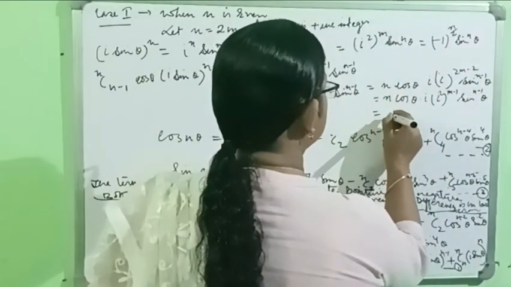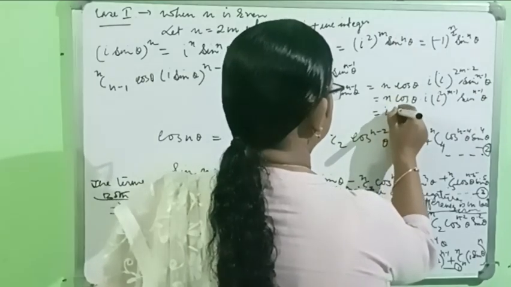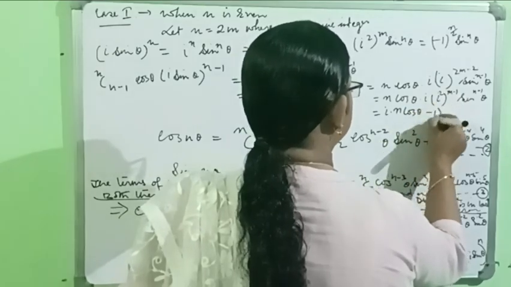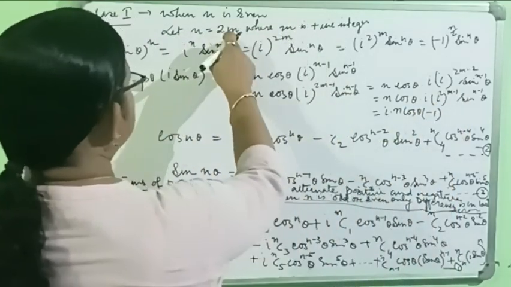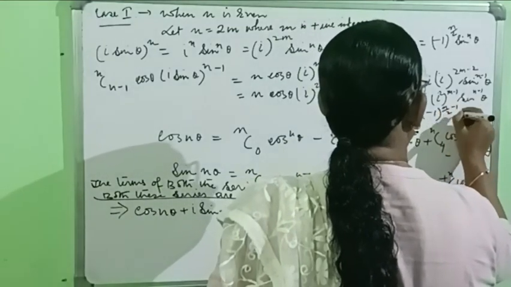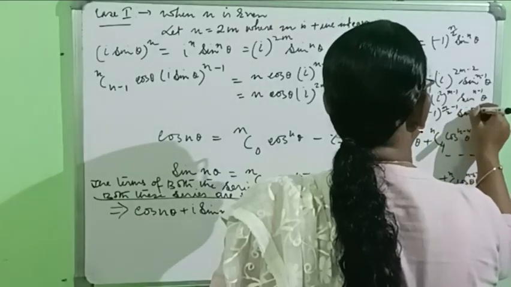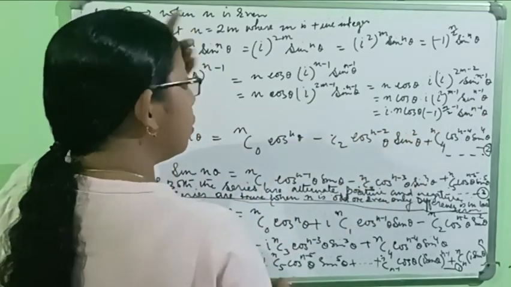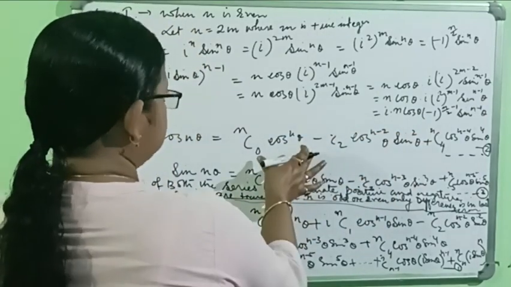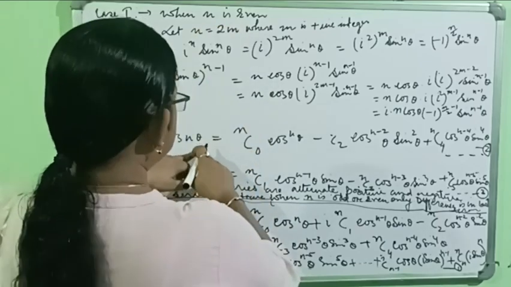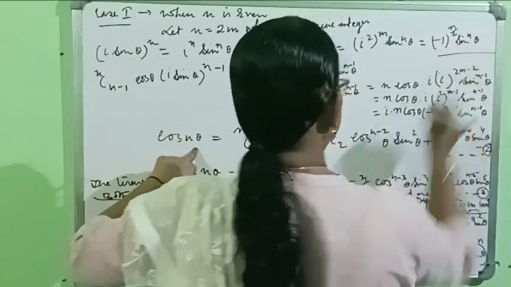So this is equal to i into n cos theta, i squared is minus 1, m is n by 2, so (minus 1)^(n/2 - 1) sin^(n-1) theta. This is imaginary. So when n is even, this is the last term of the cos n theta series and this is the last term of the sin n theta series.